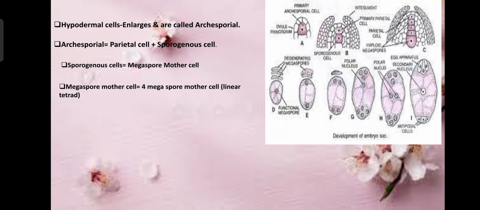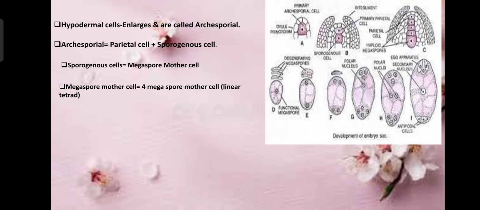How do the steps and mechanism go, and how does megaspore formation happen? Some of the hypodermal cells that remain in the ovule start to enlarge and are called archisporial cells or archisporium cells. These archisporium cells divide into two categories of cells called the parietal cells and sporogenous cells.